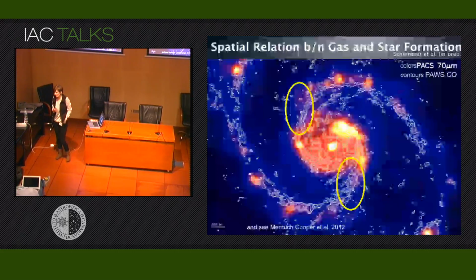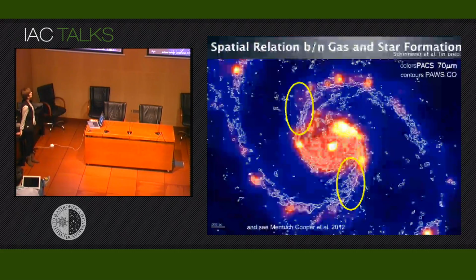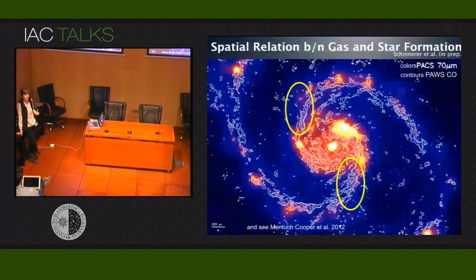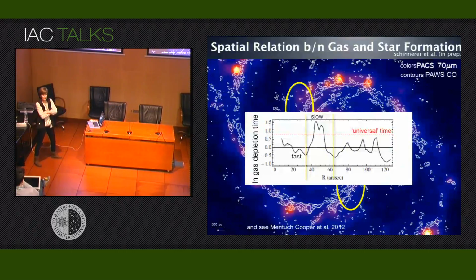Well, it's also very obvious that there's a lack of star formation if you look at 70 microns tracing the obscured star formation. So there's a general lack of star formation in this zone where we would have expected lots and lots of star formation. Now what this translates into is a non-monotonic radial dependence for the gas depletion time.